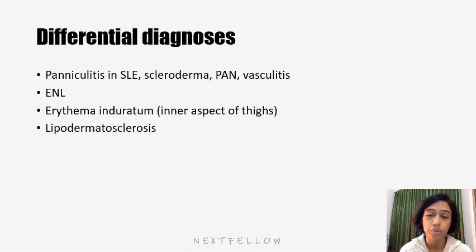Okay, that also looks just like EN. Erythema induratum, which occurs on the inner aspects of the thighs, whereas erythema nodosum occurs on the outer aspects, okay, on the shins. And lipodermatosclerosis as well, which is induration and thickening of the skin as well as tightening on the calves and below, okay, towards the ankles. That's usually accompanied by venous insufficiency.